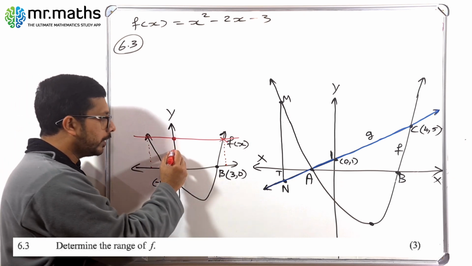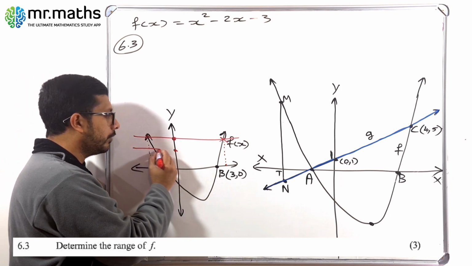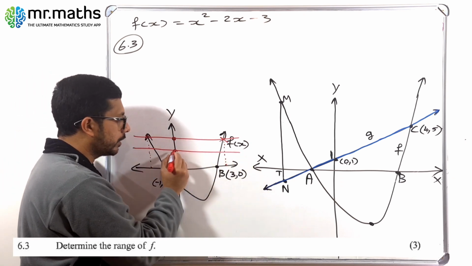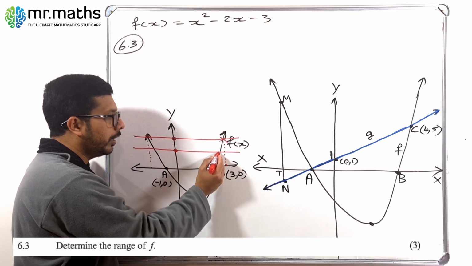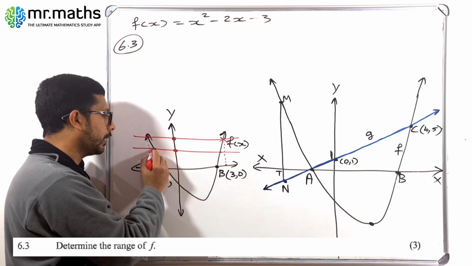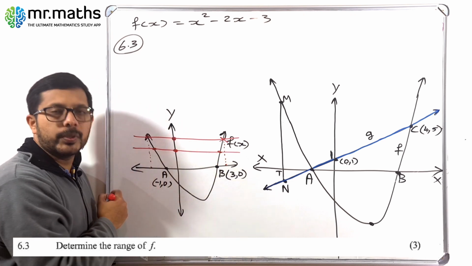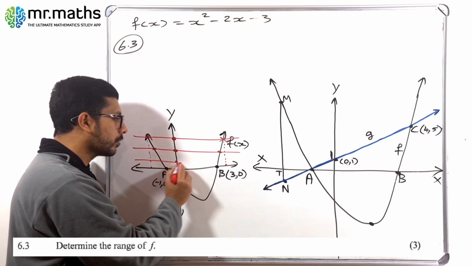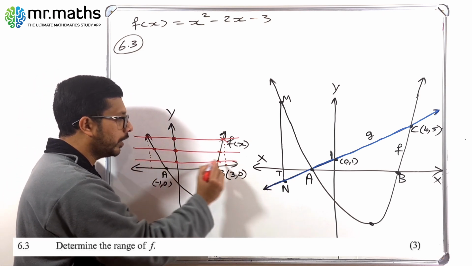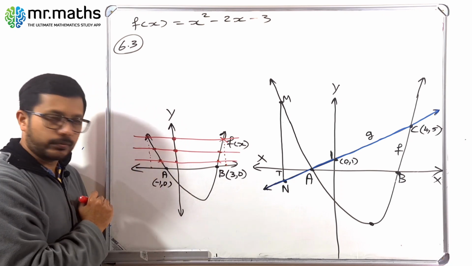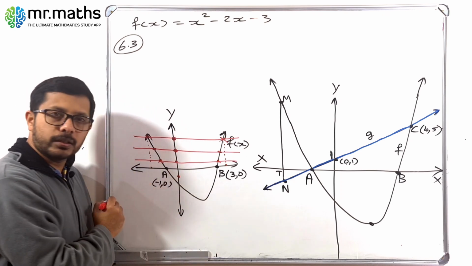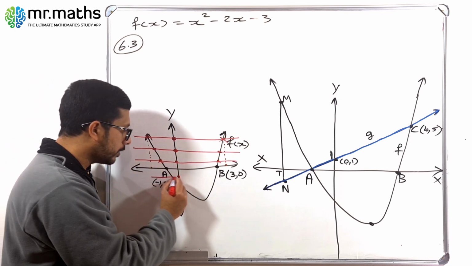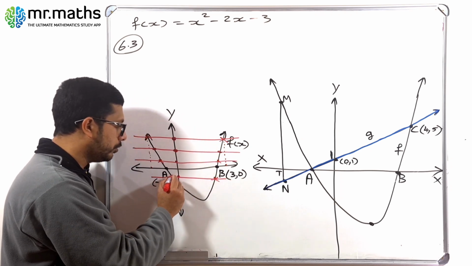If I take a point here, can I find any x value? Yes, on this y value, I can find 2 points on the graph, that means 2 x values. If I take a y value here, there also I can find 2 points on the graph. Here also I get 2 points.